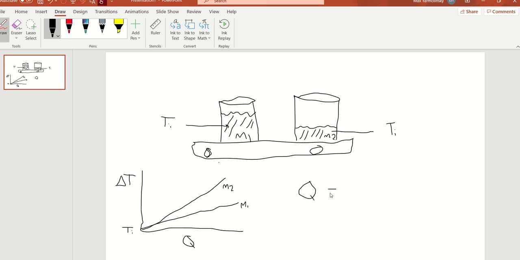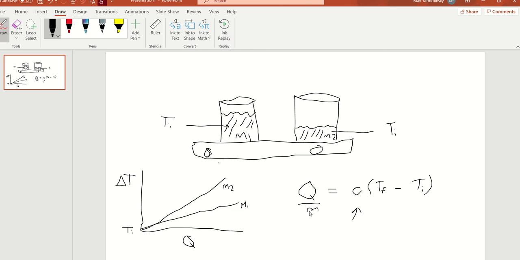And the full relationship, the change in temperature, delta T, which is T final minus T initial, is equal to this, where this quantity C is called the specific heat.